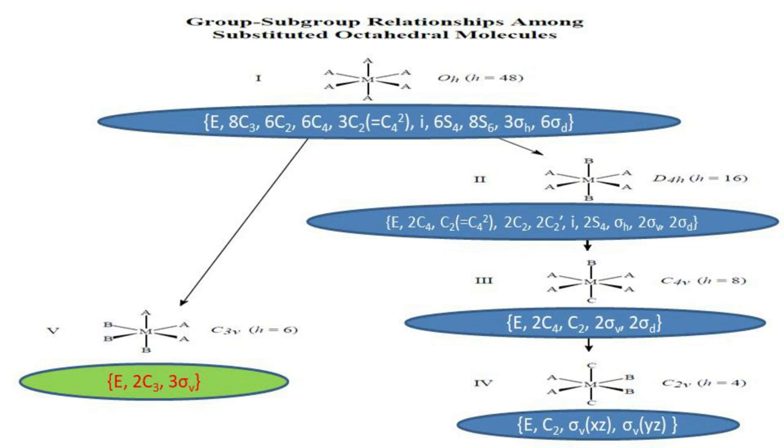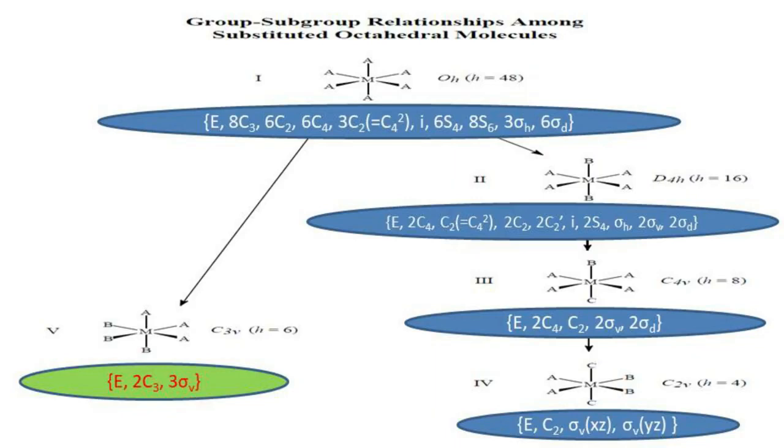Similar arguments we can put for the relationship between C4V and C3V. In C4V, C3 operations are not there, but they are there in C3V. Therefore, whatever may be the order, structure number 5, that's the C3V point group, cannot be a subgroup of the C4V point group. Similarly, C2V cannot be a subgroup of the C3V point group, because the C2 operations that are there in the C2V point group are not there in the C3V point group.